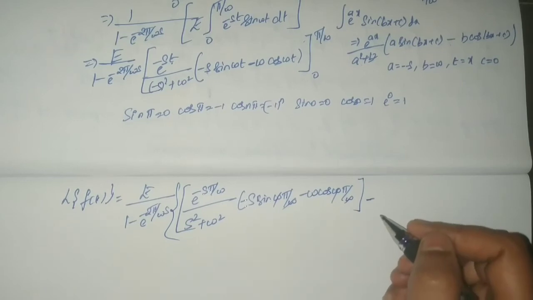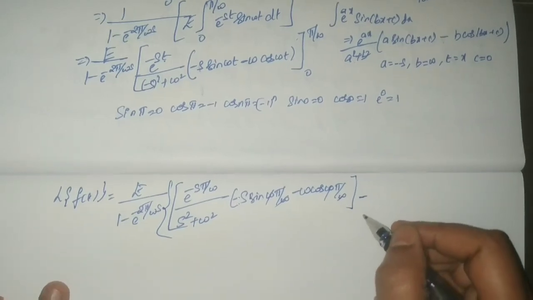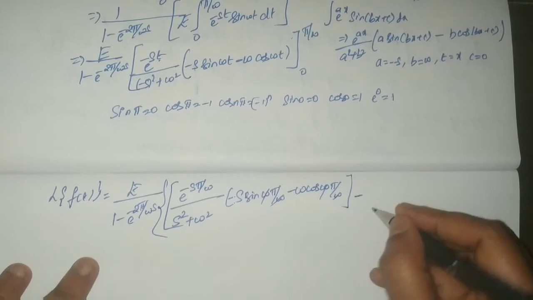Carefully we need to start substituting the upper limit. So e power minus s pi by omega by s square plus omega square minus s sine omega pi by omega, so these two cancel out, minus omega cos omega pi by omega. So whatever we have done, it is for upper limit, minus... Now you can consider the lower limit.